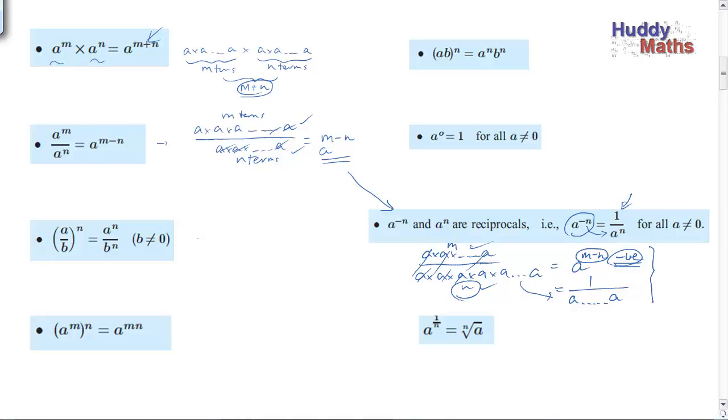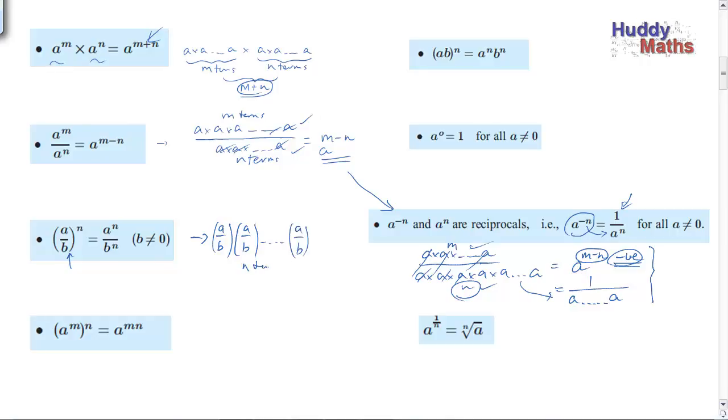Okay, let's have a look at this one over here now. Now we can't have b as naught because we'd be dividing by 0, which is undefined. But if you've got a over b all to the n, what does that mean? It's a over b times a over b, n times, so there's n terms here.